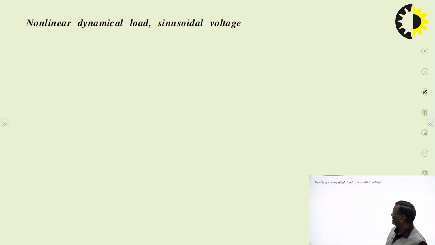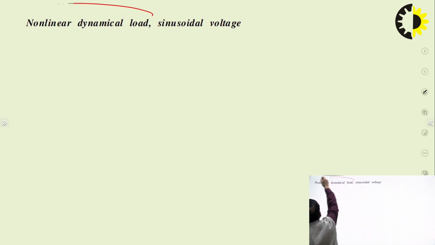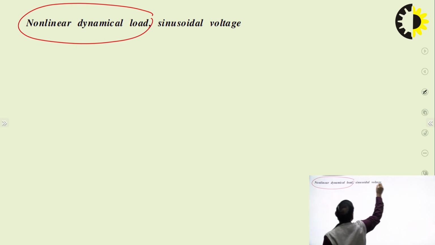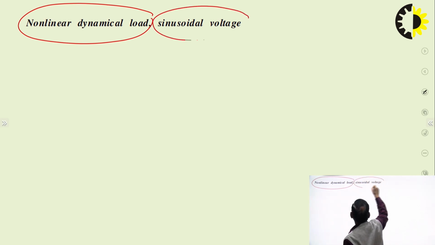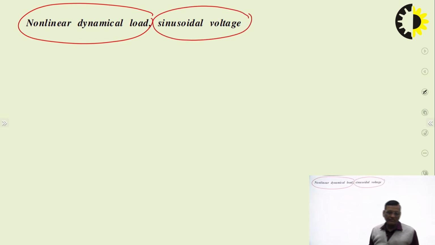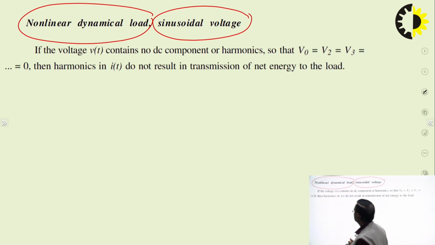Now look at another example. If the load is dynamic and nonlinear, but the supply is sinusoidal. Sinusoidal voltage means all the harmonics are absent. So V0 is equal to 0, there will be no DC component, V2 is equal to 0, V3 is equal to 0, only the fundamental will be present.